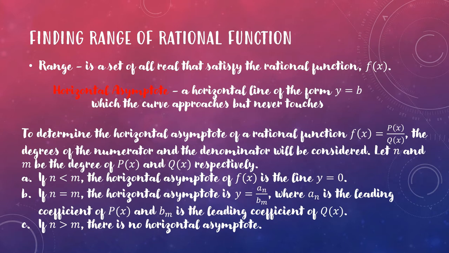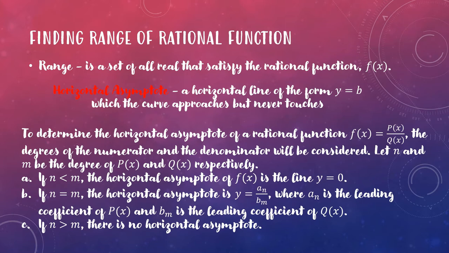For our rational function, we have p of x as our numerator and then ang n, variable n will be the highest exponent. We also have q of x, our denominator, and then ang ihapong highest exponent is m.